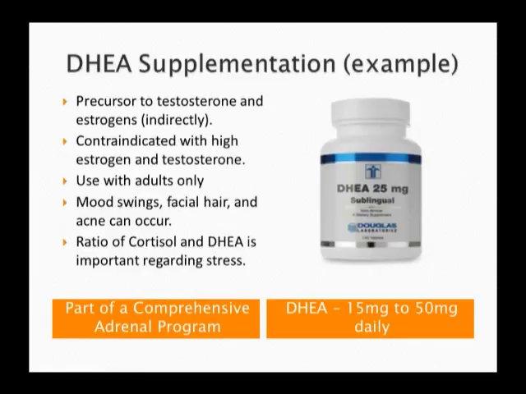But again, it's an important component of an adrenal program along with other adrenal support remedies. The dosage range can be quite broad, 15 to 50 milligrams per day. On average, for most people I see who are stage 2, early stage 3 adrenal insufficiency, we're probably using about 20 to 25 milligrams of DHEA per day.